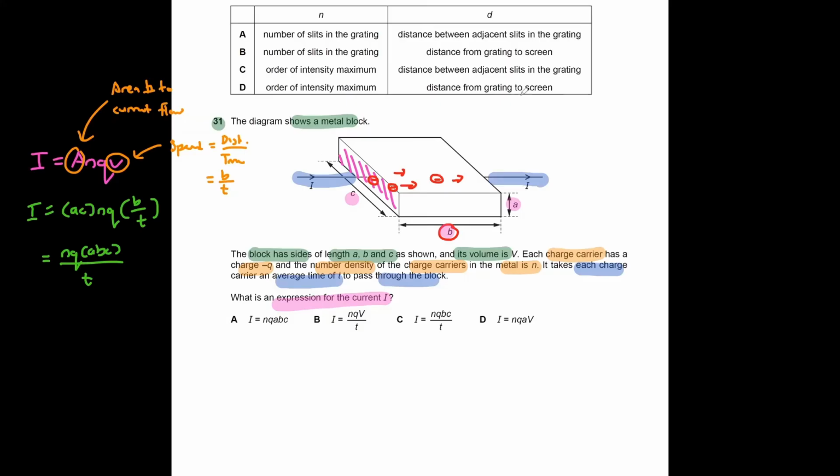This will give you your volume. So therefore, I is NQ times volume divided by T. Bear in mind that there are two V's here. This v here is for speed, this V here is for volume. Don't confuse the two symbols. So your answer here is actually B.